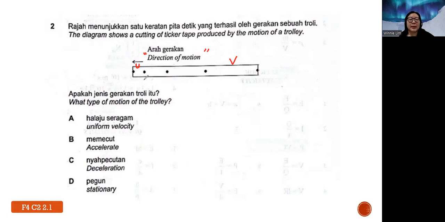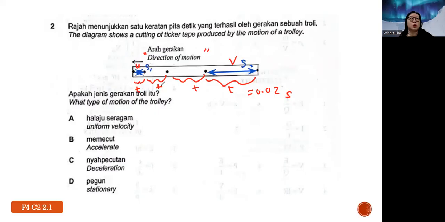Generally, the time for each tick is constant, usually 0.02 second. But you see the space is getting bigger, which means the length changes. If the length is getting bigger, then displacement 2 is greater than displacement 1.